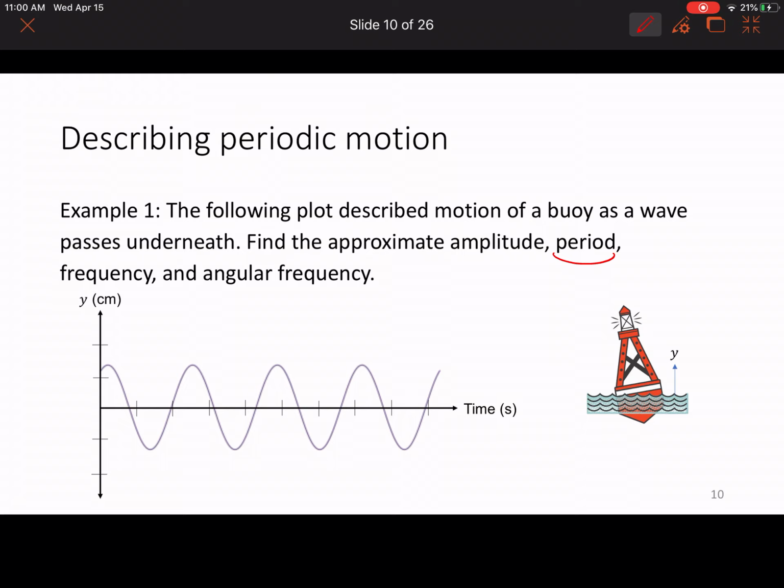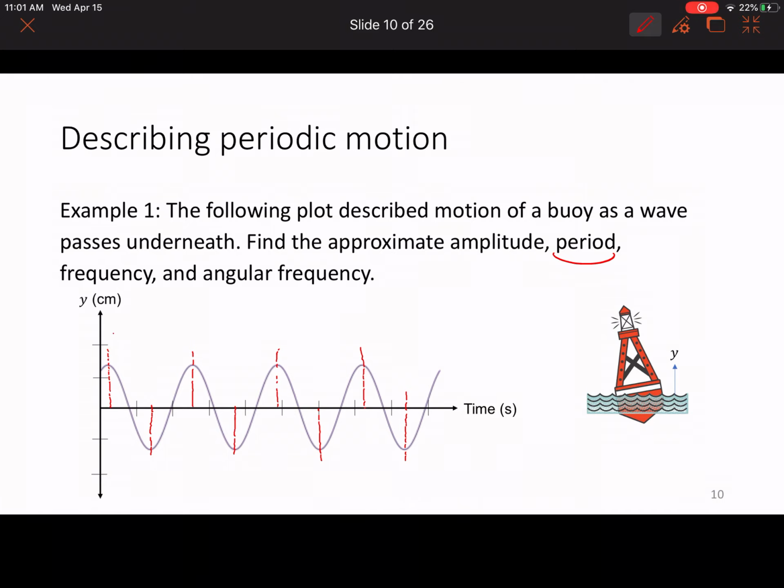In order to do that, let's go ahead and see what's happening at the maxima and the minima. So here's the first maximum, first minimum, second maximum, second minimum, and so on. So let's just go ahead and draw these all out really quickly. And if I want to calculate a pretty accurate period, what I want to do is use multiple cycles.